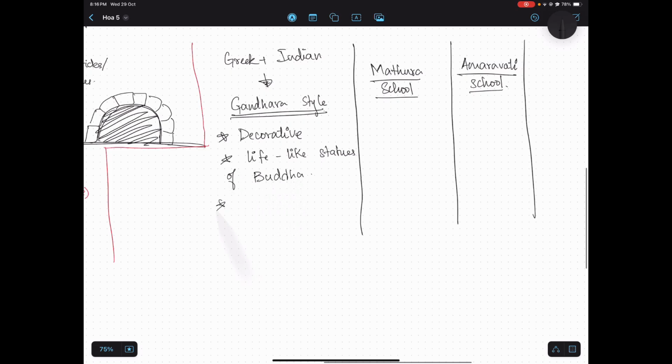It had rich ornamentation, and used materials like stone, terracotta, clay, etc.